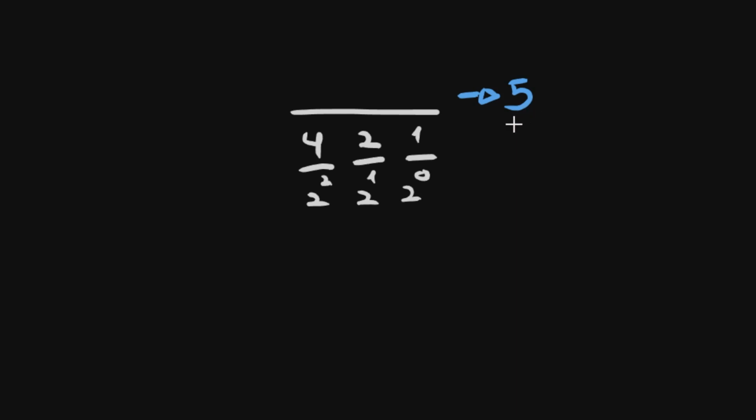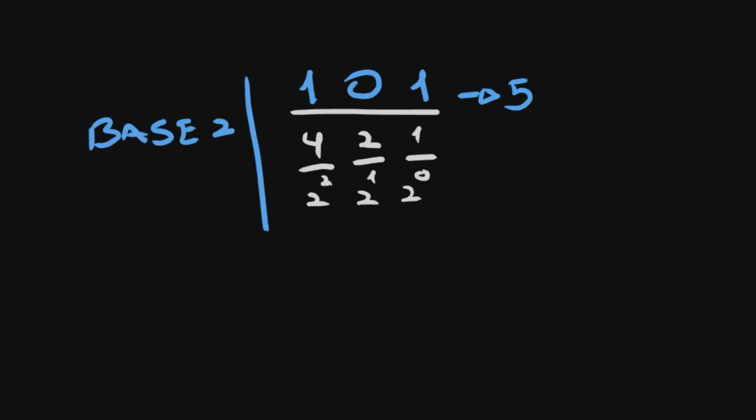Now, let's say we are trying to represent the number 5. Well, to reach 5, we can take 1 4 and 1 1, and 4 plus 1 is 5. So this in binary is 1 0 1. Okay, so this is for numbers in base 2.